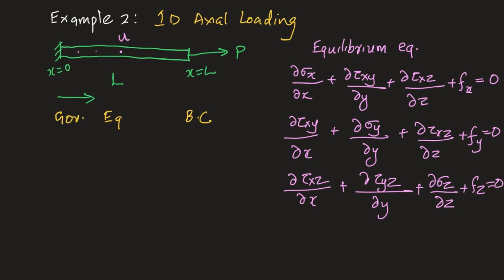The governing equations can be formulated from equilibrium equations. These are the equilibrium equations for a 3D elastic problem. Here sigma x, tau xy, these terms are the components of stress. Fx, Fy, Fz are body forces.